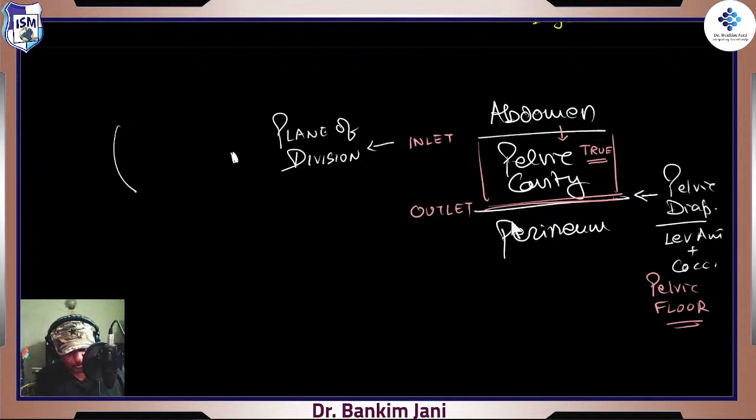So the sacrum, which is on the posterior side, and this pubic crest, which is on the anterior side, a plane which is passing through this level, pubic crest to sacral promontory, right?